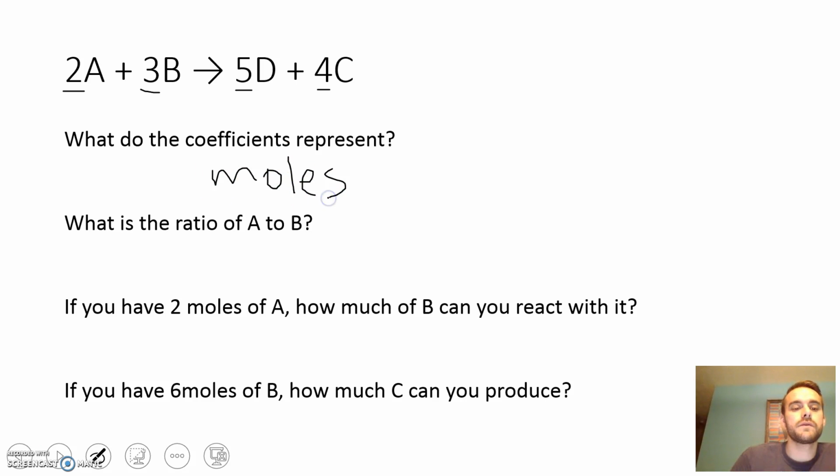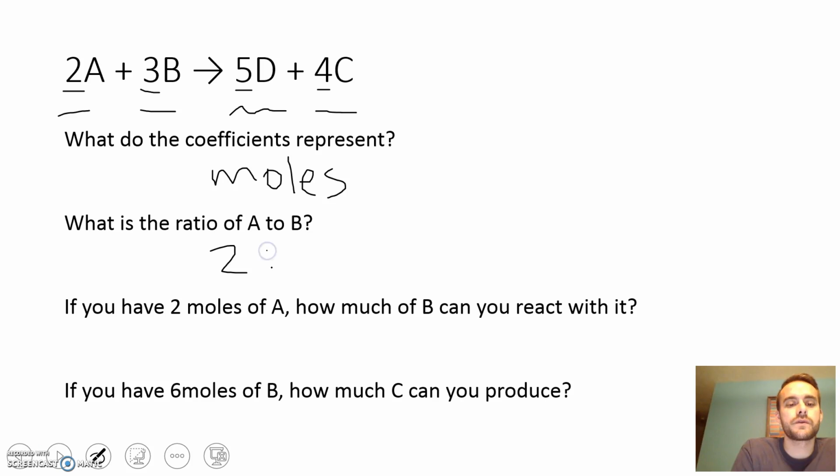They represent moles. We get ratios from this. It's kind of like a recipe. So for instance, this one could be that 2 cups of sugar plus 3 sticks of butter make 4 batches of cookies, and I don't know what your other product could be, but we can make something up.